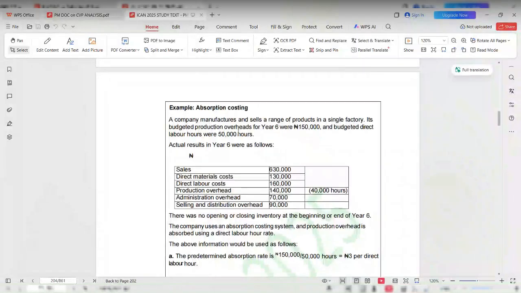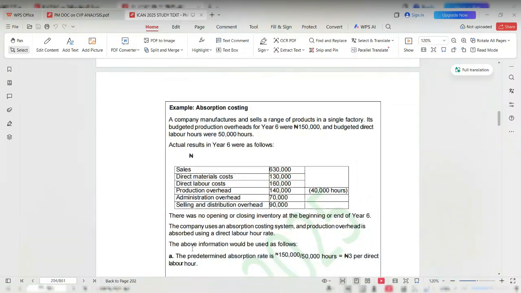Sorry, don't let us calculate here. Let us still finish reading. But what I want to explain is that we can use this information to calculate the overhead absorption rate. I believe we are still together. Yes.